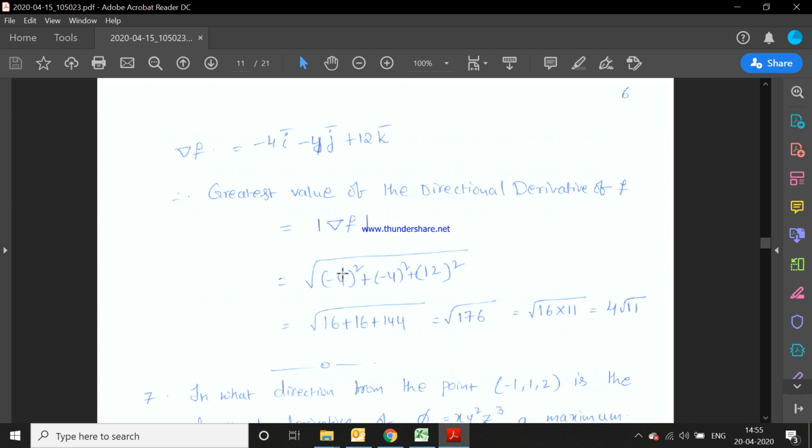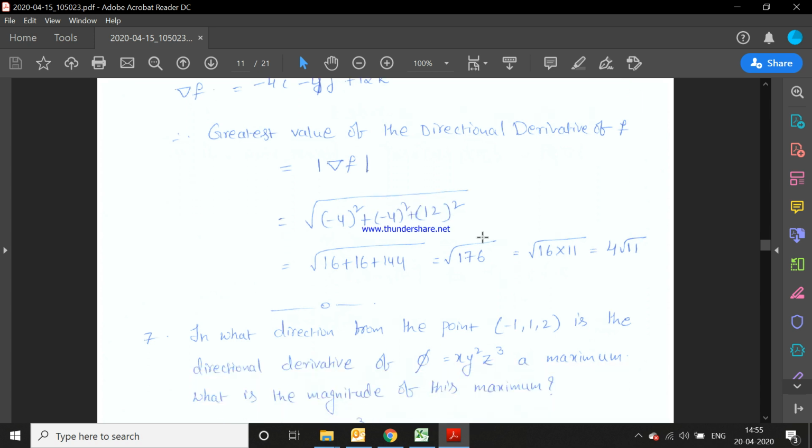Here x value is -4, y value is also -4, squared, and z value is 12 squared, that is the square root of 16 + 16 + 144, the square root of 176. 16 into 11 is 176, and the root of 16 is 4, so we can write 4√11. This is the greatest value of the directional derivative of f.